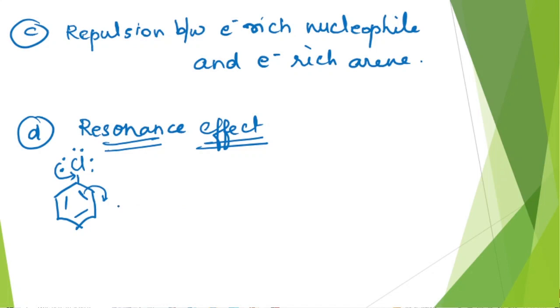Now after that, to show the resonance effect, you will show the double-sided arrow mark, and you will have the next resonance image. There, the bond from Cl is getting shifted here. So here you will get a double bond, and Cl with a positive charge, and your bond has been shifted here.